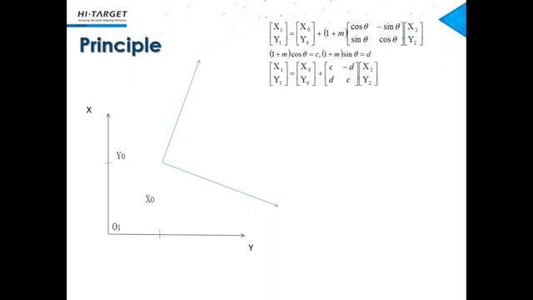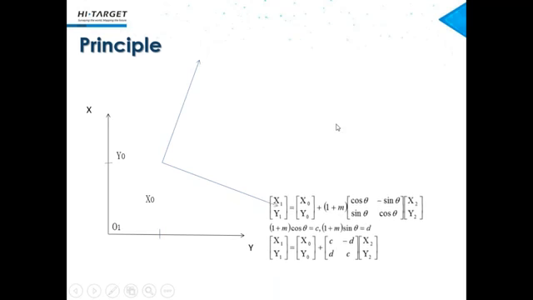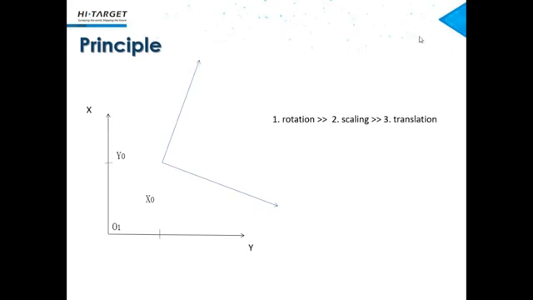First, let's start with the principle of 2D Helmert. In this formula, we should have at least 2 node points to calculate the parameters. But now, let's forget the formula. Our coordinate system has 3 steps to move.